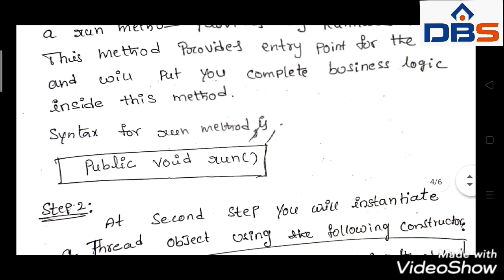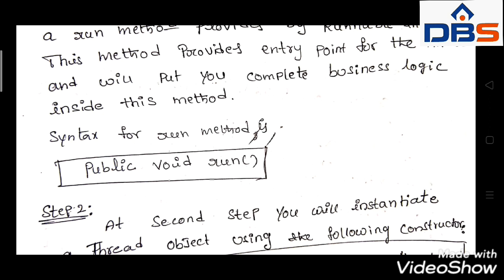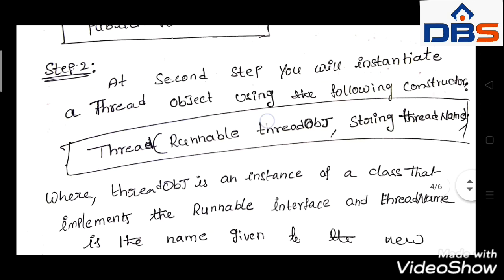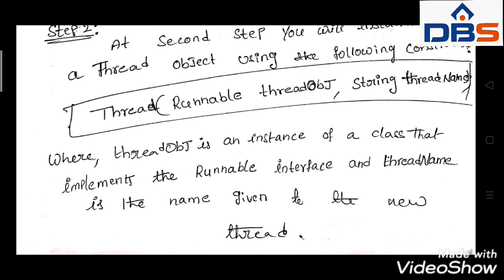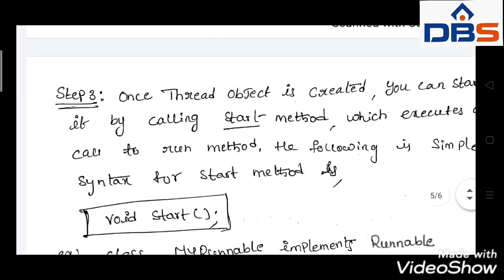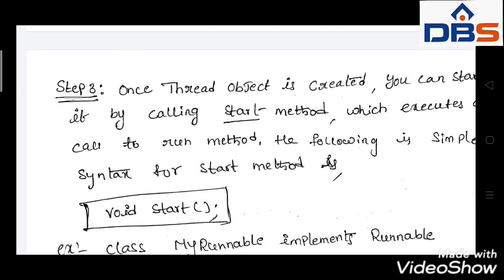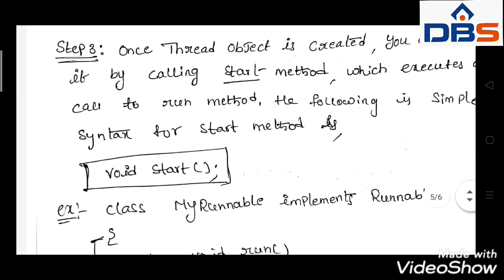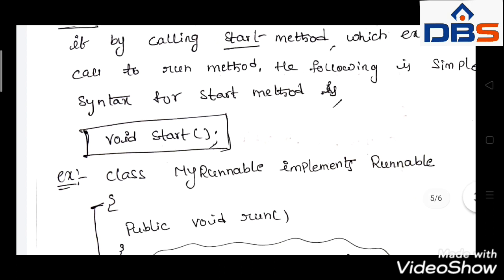Here we are using 3 steps. The first one is to create the run method, public void run. Second, create an object using the constructor with the help of this syntax. Next, we need to run the thread, that is, start the thread by using the start method. Here I am taking a small program.